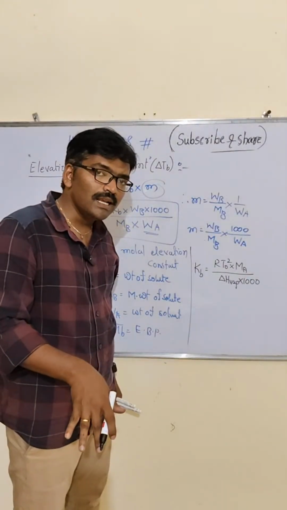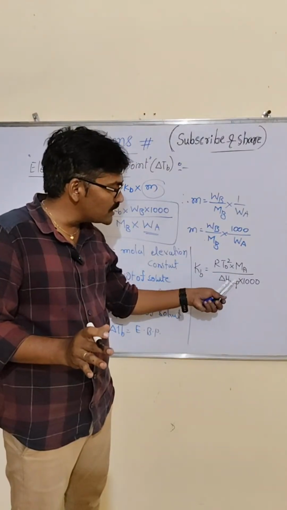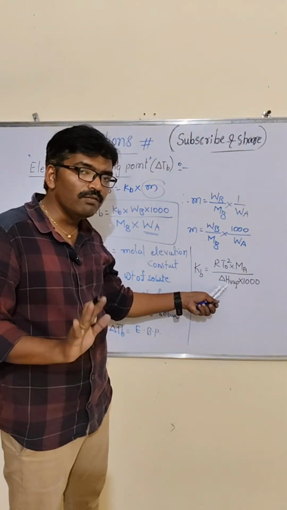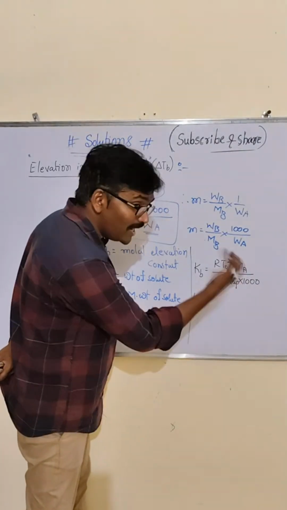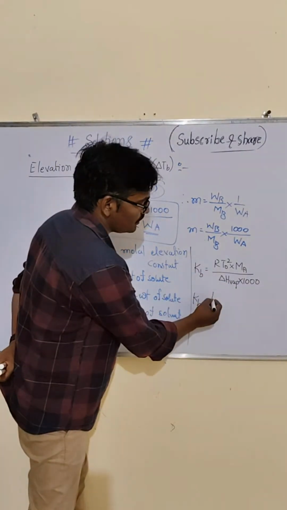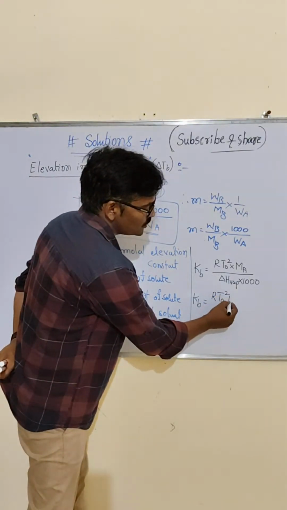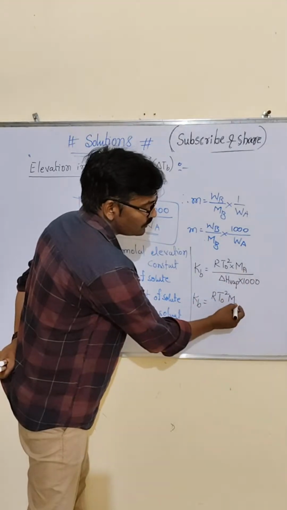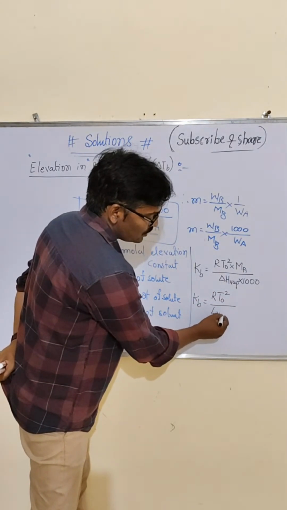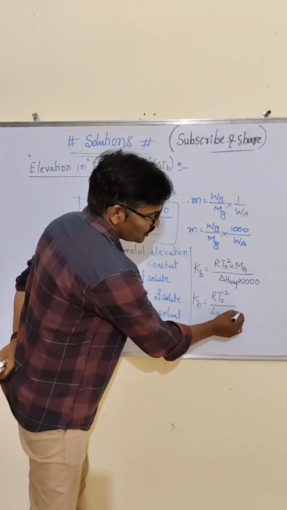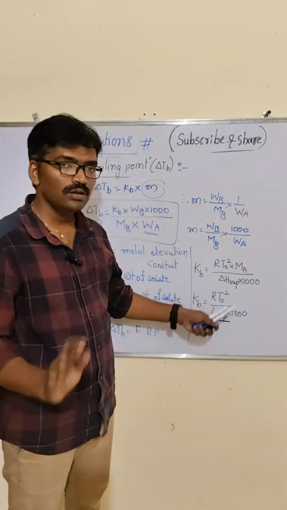Sir, in case you want to use latent heat of vaporization, the molar mass of solvent and enthalpy of vaporization won't come. That is, KB equals, in terms of latent heat of vaporization, R T naught square divided by latent heat of vaporization into 1000. In terms of latent heat of vaporization, molar mass need not be taken.